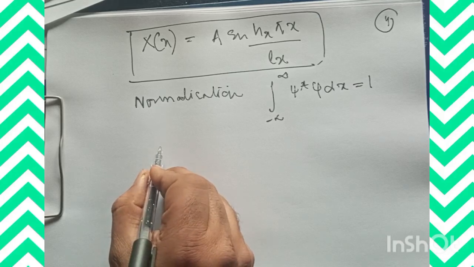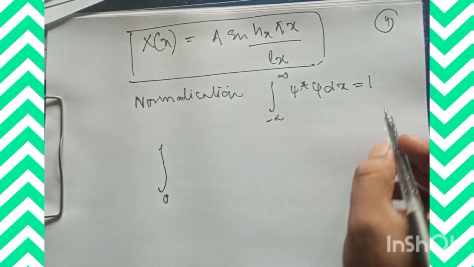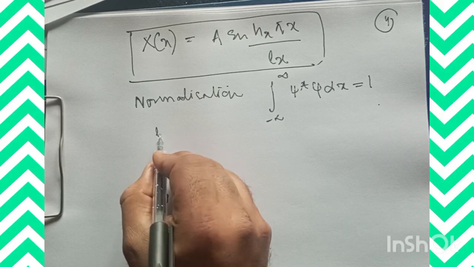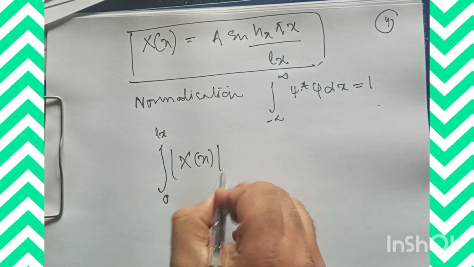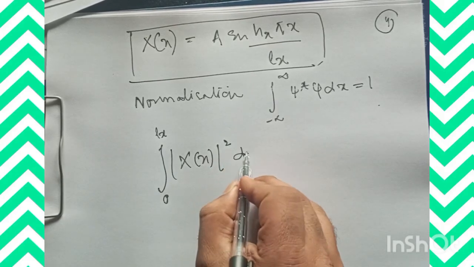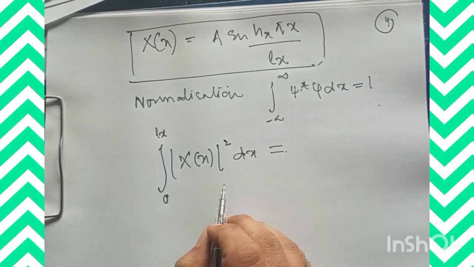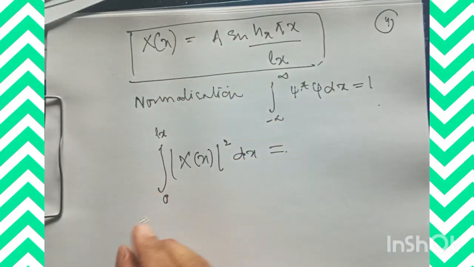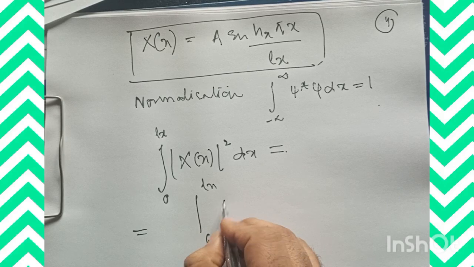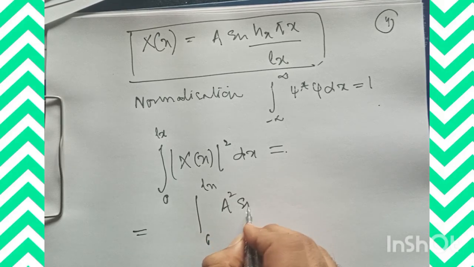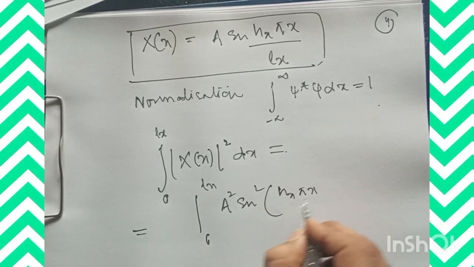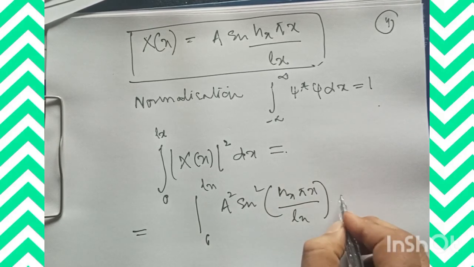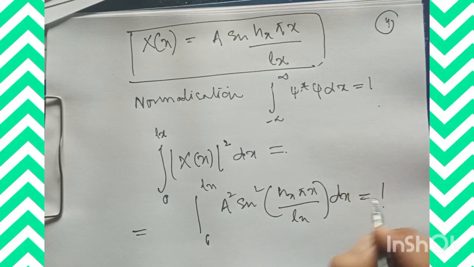The limits will go from 0 to Lx, so that will be the integral of X(x) squared dx equal to 1. That is, the integral from 0 to Lx of A square sine square(nx pi x by Lx) dx equal to 1.